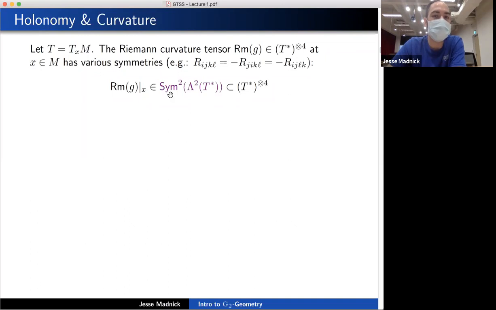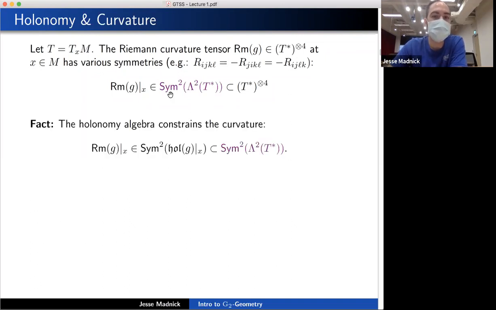So the Riemann curvature tensor lives in this subspace. But in fact, it actually lives in an even smaller subspace than that, and that subspace is dictated by the holonomy algebra. So remember that the holonomy algebra is contained in lambda 2. So the point is that the holonomy algebra constrains the Riemann curvature tensor. Right, so the smaller your holonomy algebra, the more constraints there are on your curvature. So for example, if your holonomy algebra is 0, then your Riemann curvature tensor must be 0 and your metric is flat.